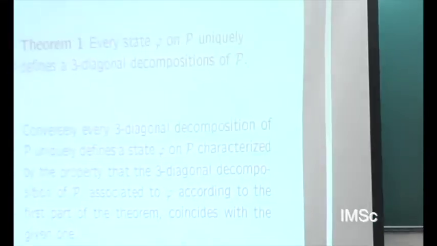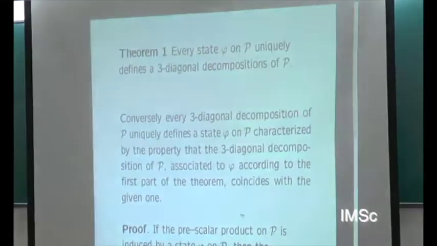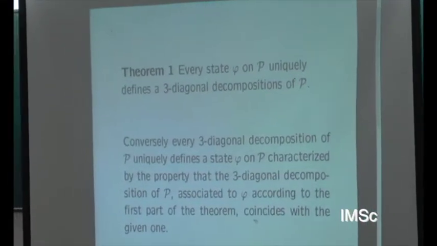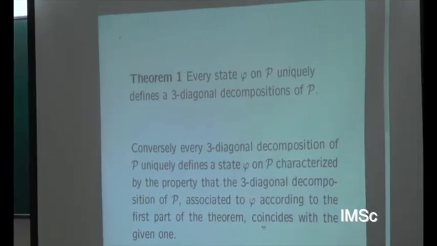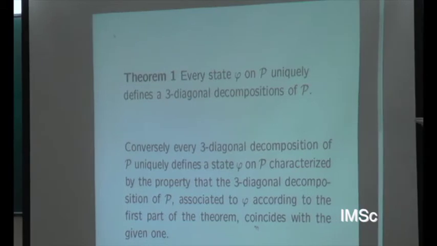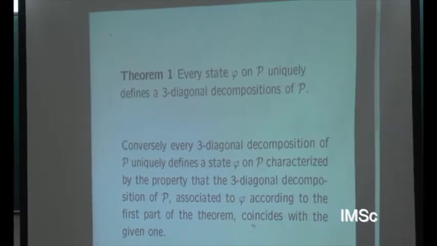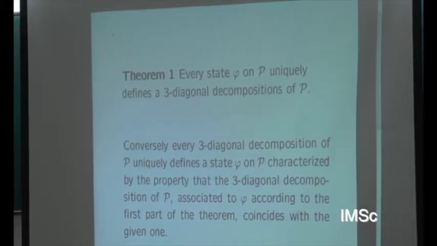Now, we have this proof, which is the basic point that justifies the importance of the notion of three-diagonal decomposition. So we have introduced the three-diagonal decomposition. And now we claim that every state phi on P uniquely defines a three-diagonal decomposition.